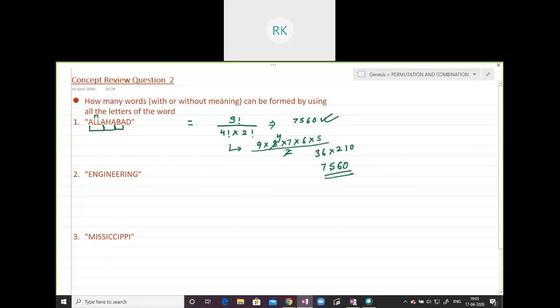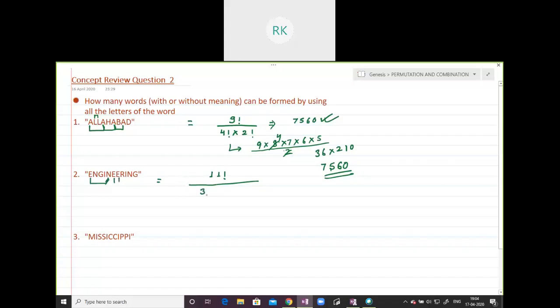Now engineering, tell the answer for engineering. Count the number of letters: 1 2 3 4 5 6 7 8 9 10 11. Can I say 11 factorial? No problem, I can arrange. But some letters are repeating. E repeating how many times? I think 3 times, isn't it?